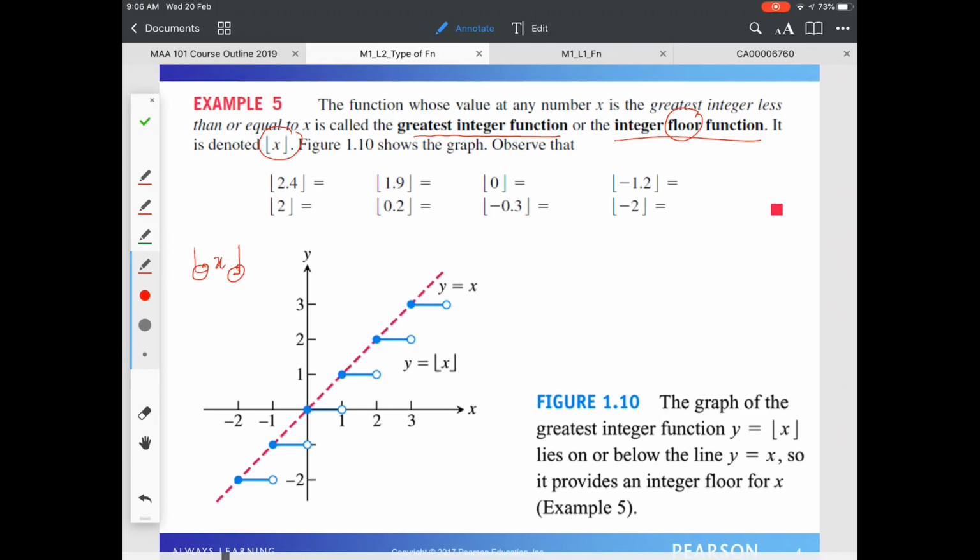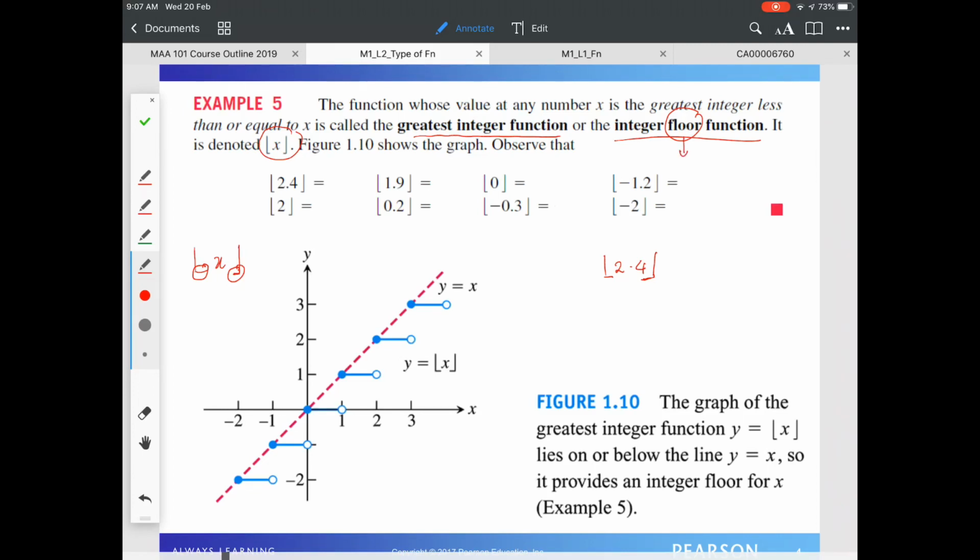Now, the floor function basically tells us that we always take the minimum value. For instance, if you have 2.4 and you want to know the floor, floor or lantai, it is the minimum, as opposed to the ceiling function. Ceiling is the maximum, floor is the minimum.